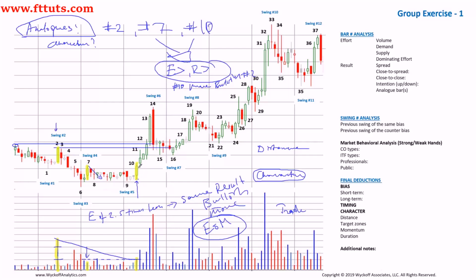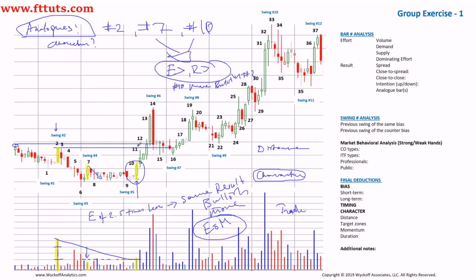So bar number 10 for the first time shows us that demand is good, supply is exhausted, and it produces a good movement to the upside. So with that, we're thinking that supply is exhausted and demand is good.